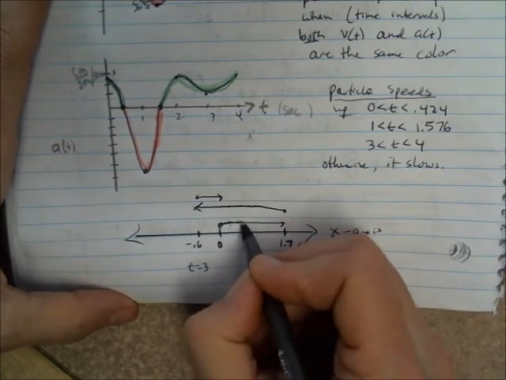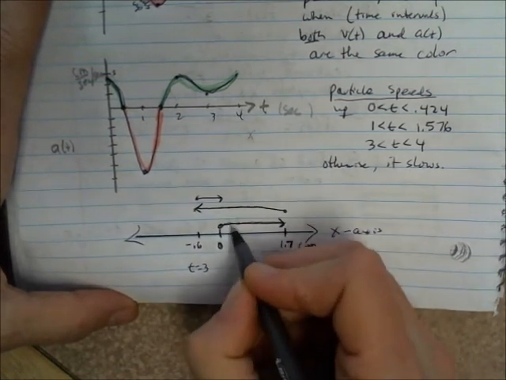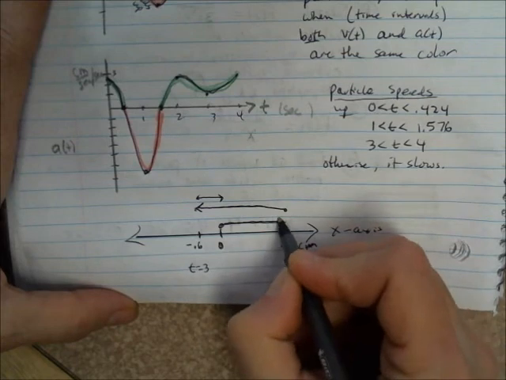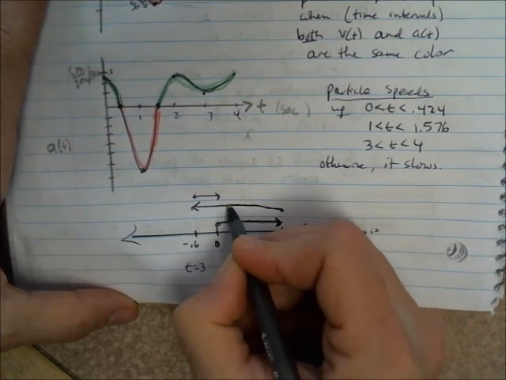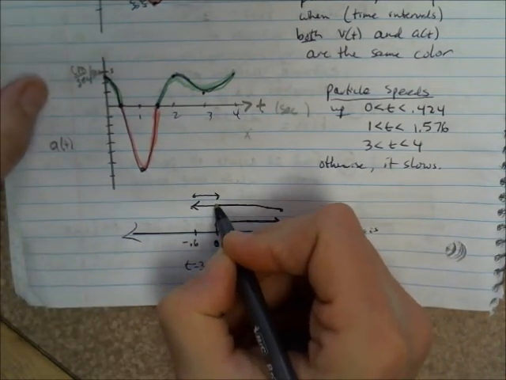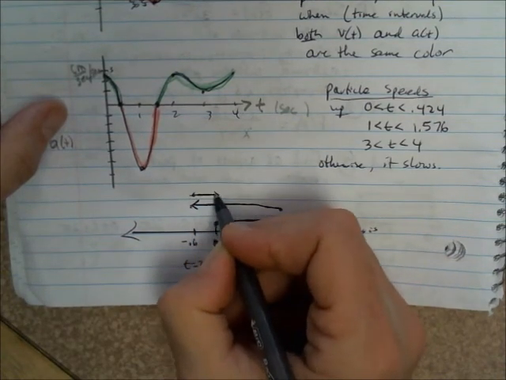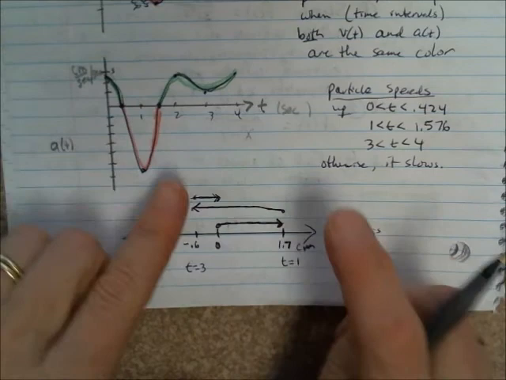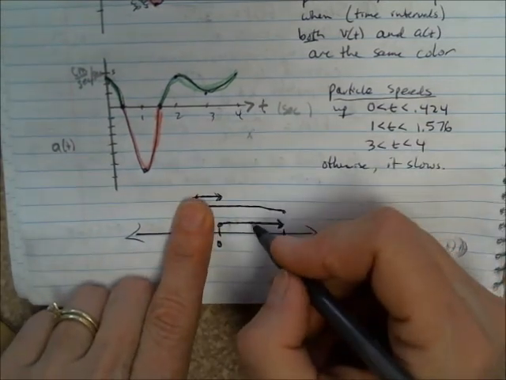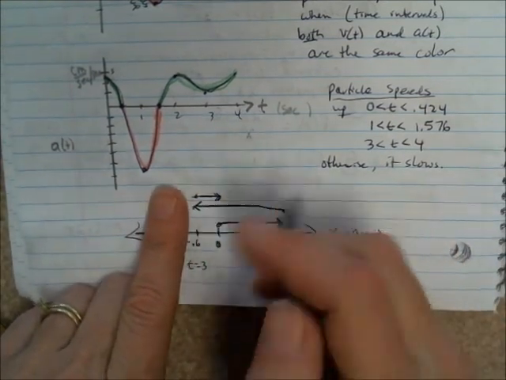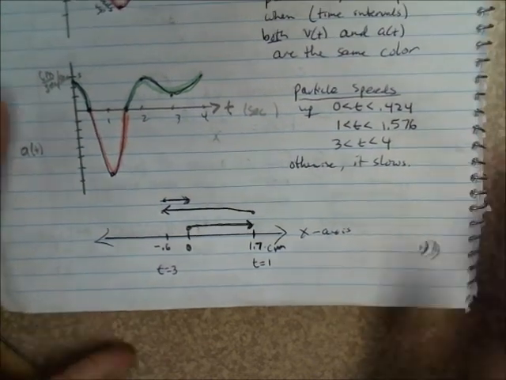Well, what's the distance traveled? The distance traveled is 1.7 centimeters plus another 1.7 to get back here again, plus a 0.6 plus another 0.6. So you can get the total distance traveled just by doubling this 1.7 and doubling this 0.6.